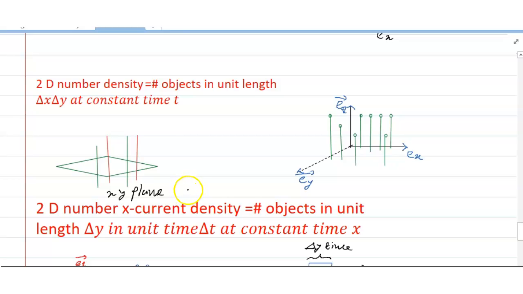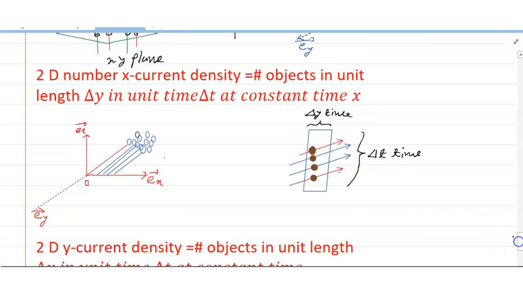If world lines cross the square, then we have a 2D density of 4 particles per unit area. If a bunch of particles are moving in the x direction, we find n_t equals 4, because 4 particles pass through this area.